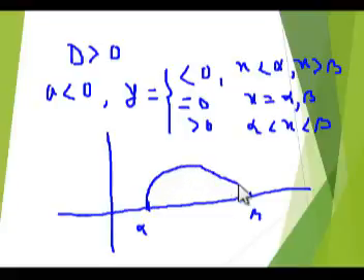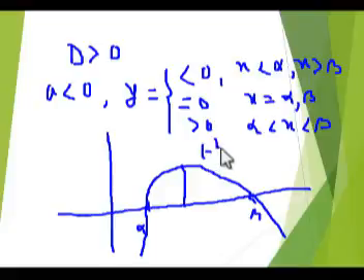And for x greater than beta, it will be less than 0, so it will be lower than the x-axis. And for x less than alpha, it is also less than 0. So here we will get the parabola in this way. This will be the focus, and the axis is parallel to the y-axis. Focus is minus b by 2a, minus d by 2a.